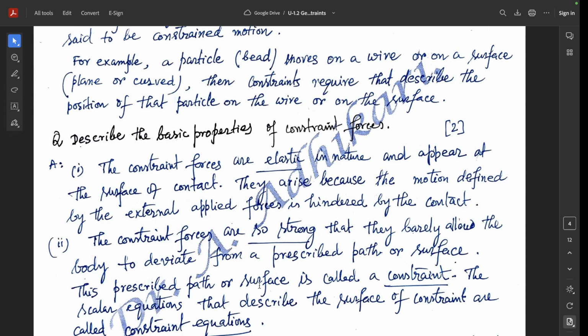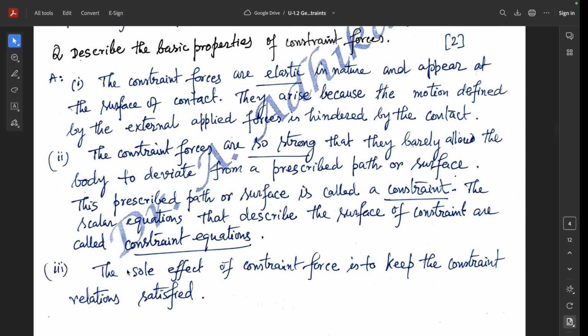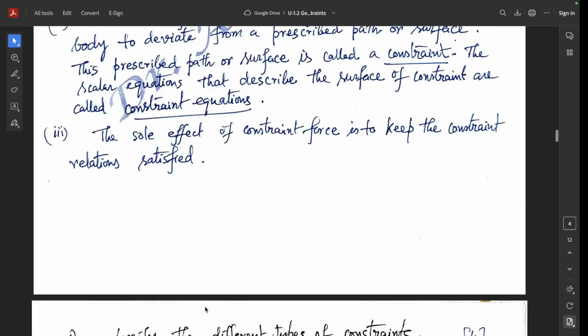This prescribed path or surface is called a constraint. The scalar equations that describe the surface of constraint are called constraint equations. Number three, the sole effect of constraint force is to keep the constraint relation satisfied.